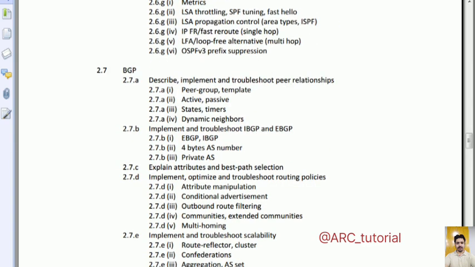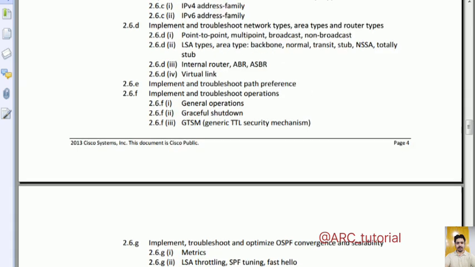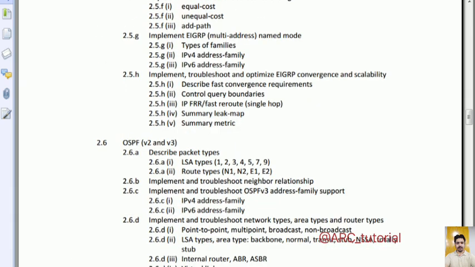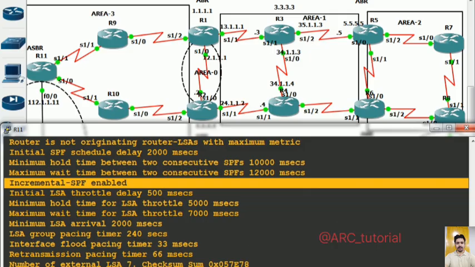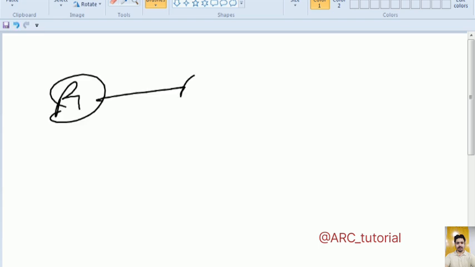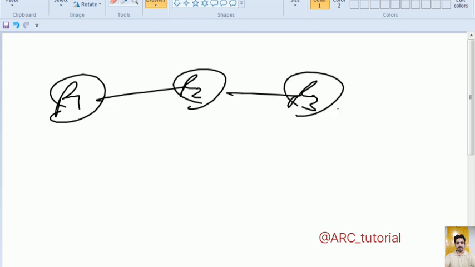So if we get capability transit. Yes, there is. See, sometimes what happens, let's say that we have configured a virtual link. R1, R2, R3, R4, right?